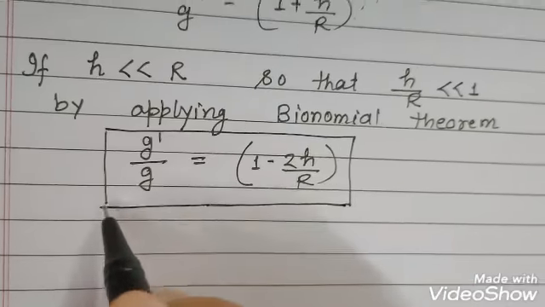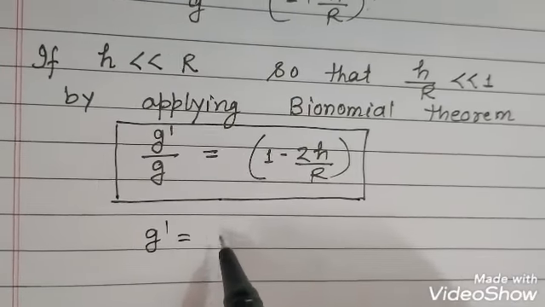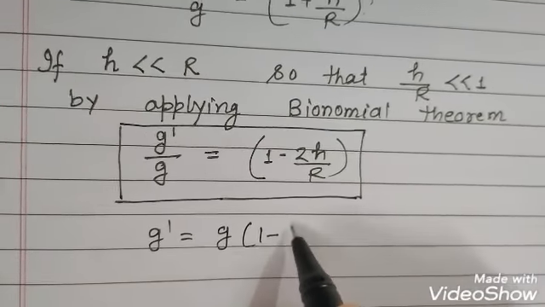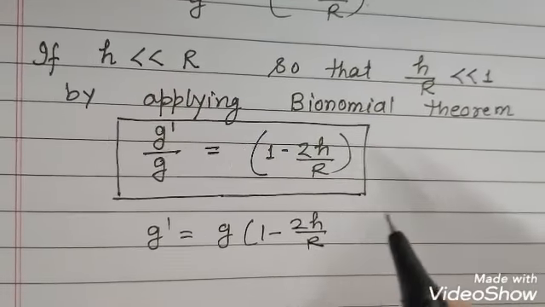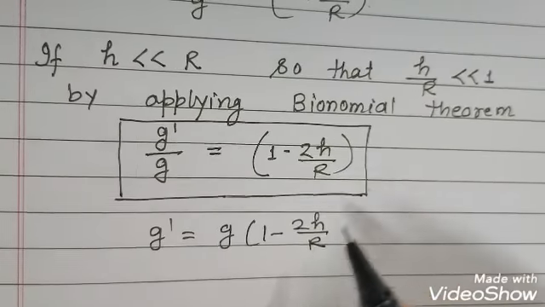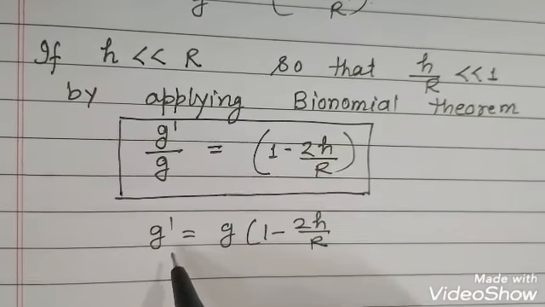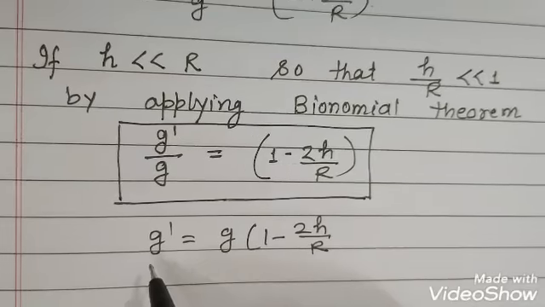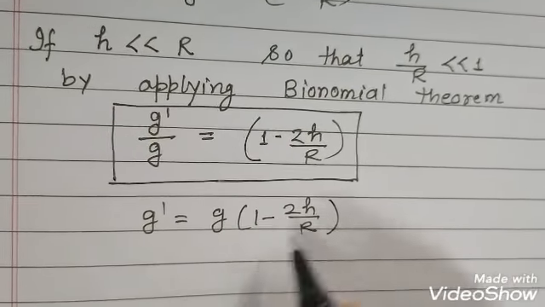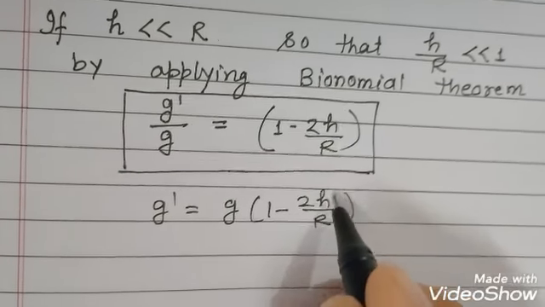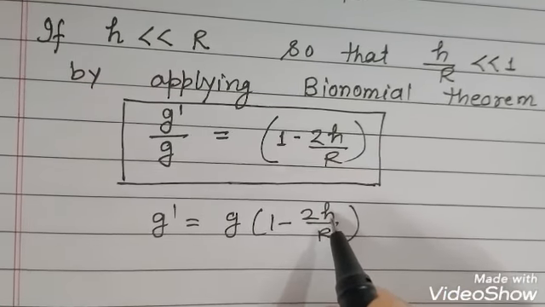Now g dash is equal to g times (1 minus 2h upon r). Here you can see g reduces with increase of altitude, because this quantity, as I told you, is less than 1.